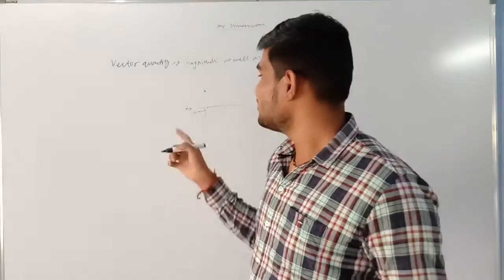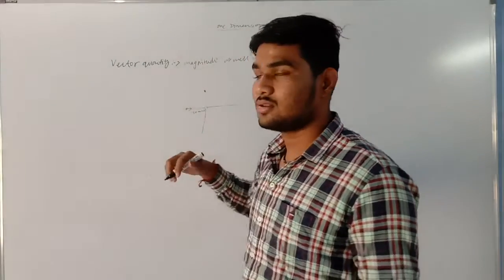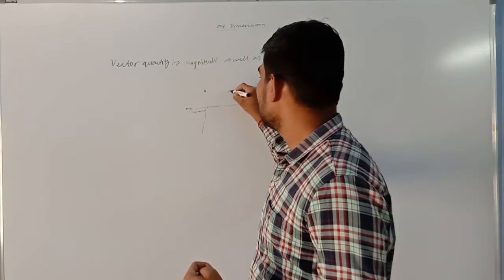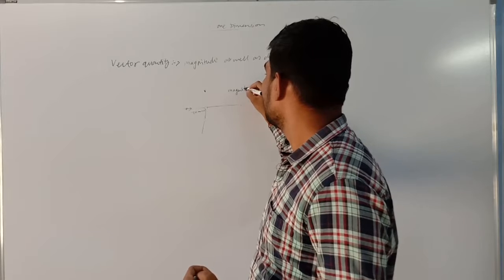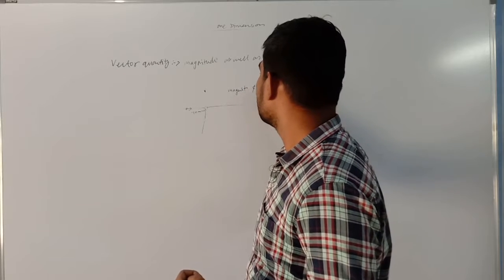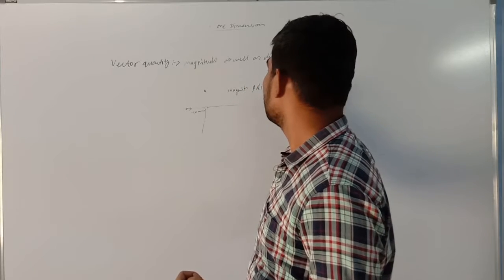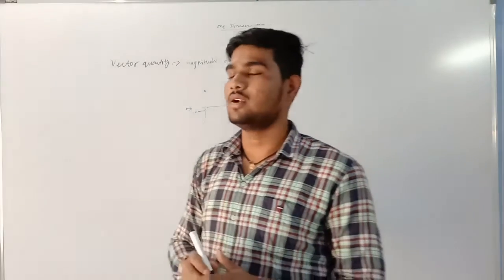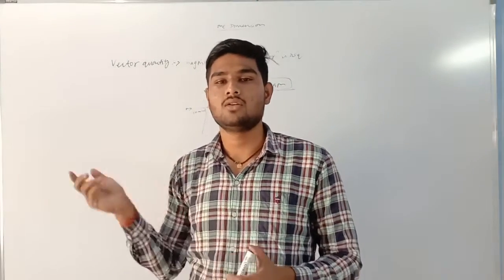So in this case, what I am trying to show you is that magnitude and direction both are required. So these are scalar and vector quantities.